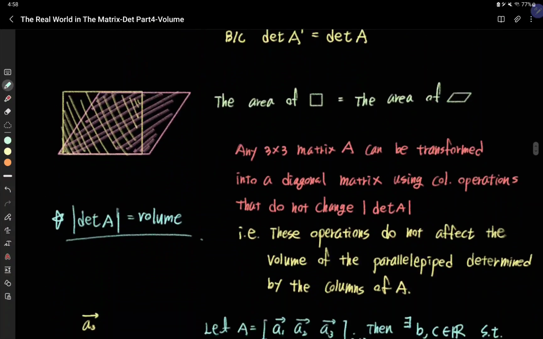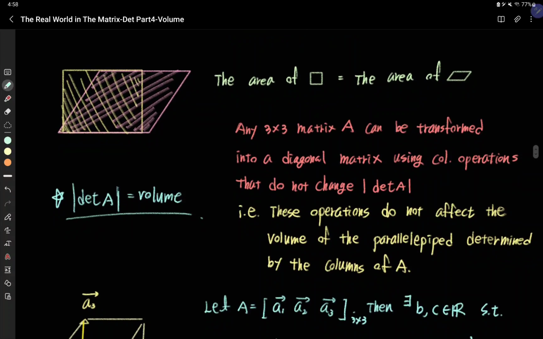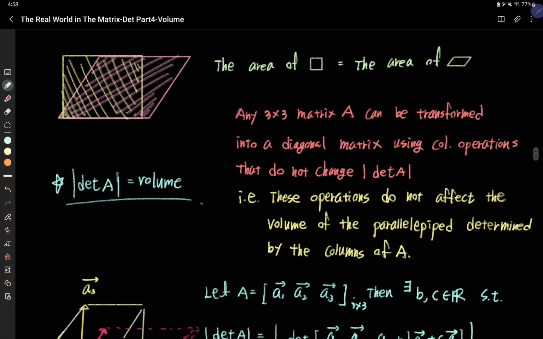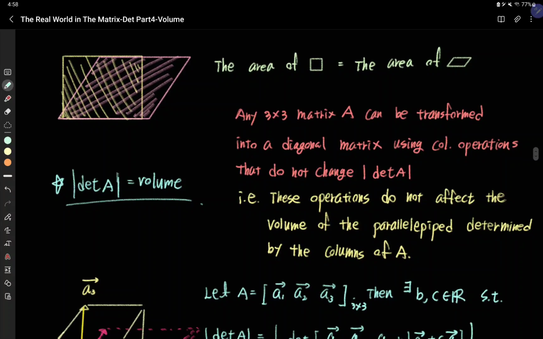So now, what about the 3 by 3 matrix? The determinant of a 3 by 3 matrix is actually a volume. Any 3 by 3 matrix A can be transformed into a diagonal matrix using column operations, as when you get the reduced row echelon form.